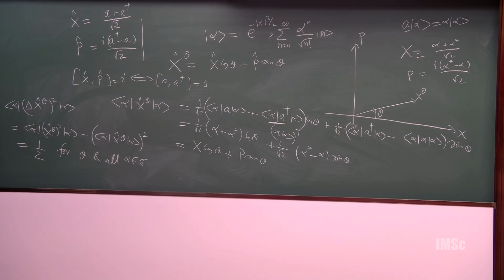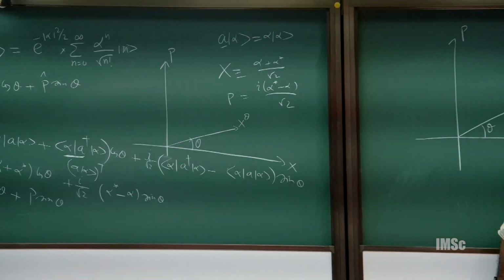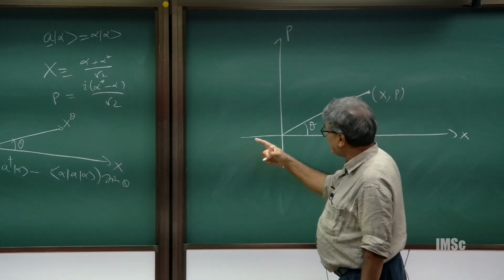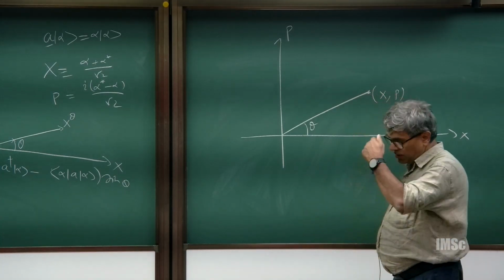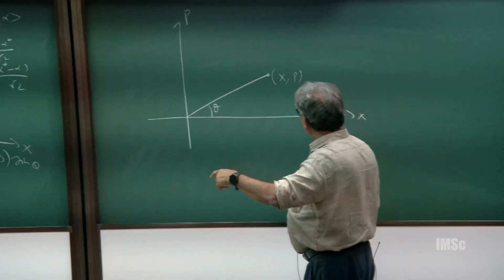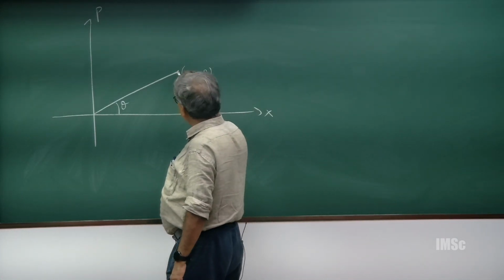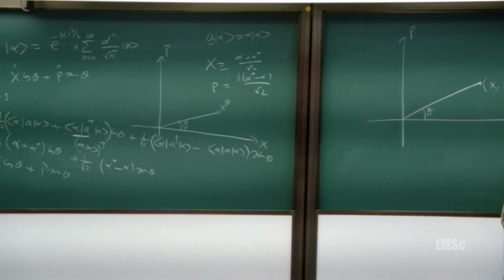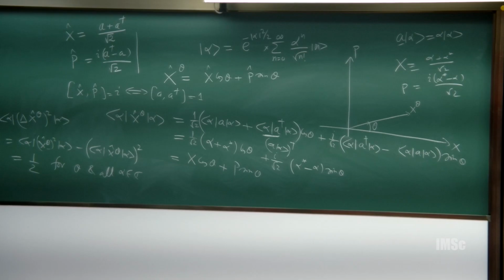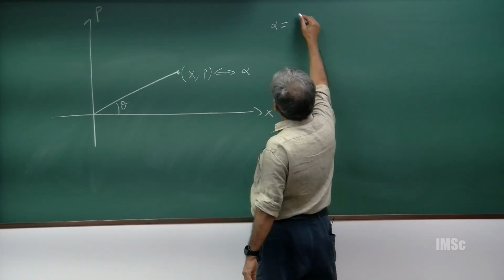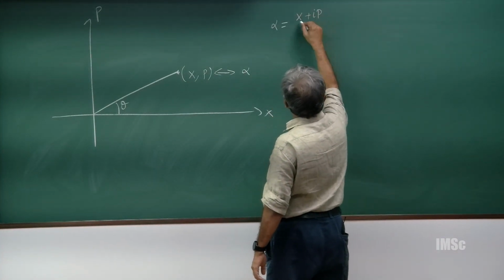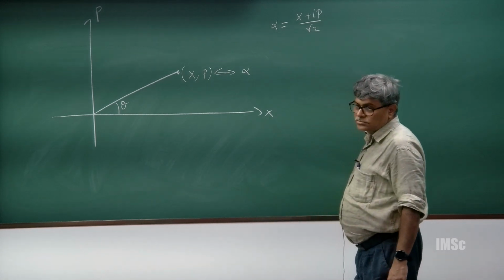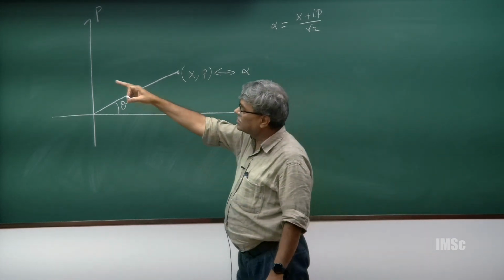So, this is the point which corresponds to your x and p, because it has this component x cos theta and p sin theta. And this value corresponds to the alpha, the complex number alpha, in the sense that alpha is equal to x plus I p by root 2. I mean, from this relation you can get it.